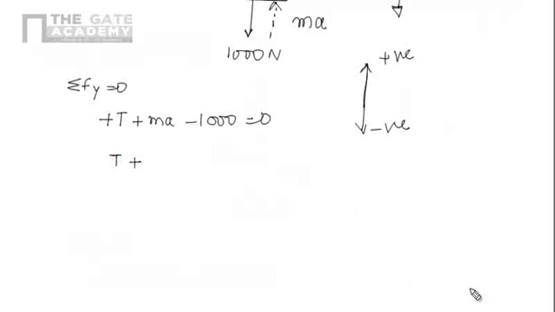In place of m, I can write 1000 by g, because if we divide weight by g, we get mass. So T plus 1000 by g times a minus 1000 equals 0. This is the expression we got from the algebraic summation of all vertical forces.